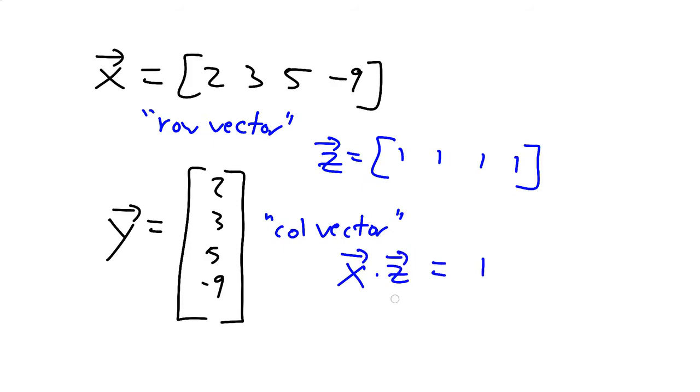I think that's 1, maybe. And if I take x dot y, that also ends up giving us the dot product 1. As long as we're treating them as vectors and not as degenerate matrices, which is what we're going to start to do in this episode.